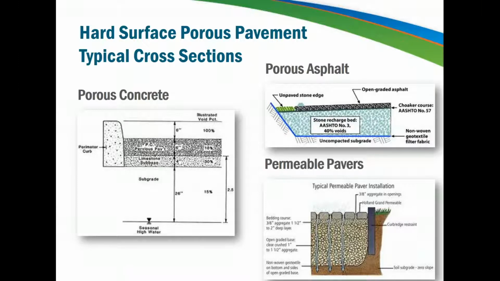All three of these methods have deeper cross-sections, as much as 3 feet or more, depending on the requirements of the site. And they all have a choker or a bedding course between the pavement and the open graded base layer. The choker course is required to support the pavement layer, but it also restricts the infiltration rate of stormwater because it's made of that tightly packed stone.